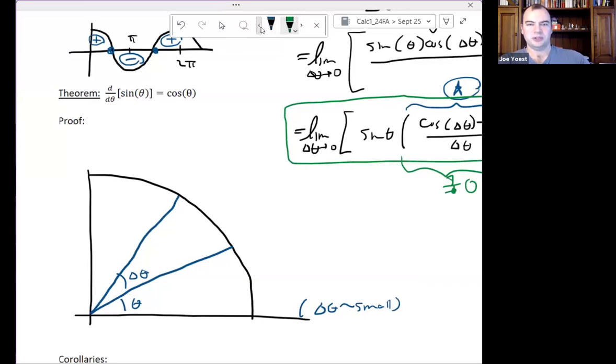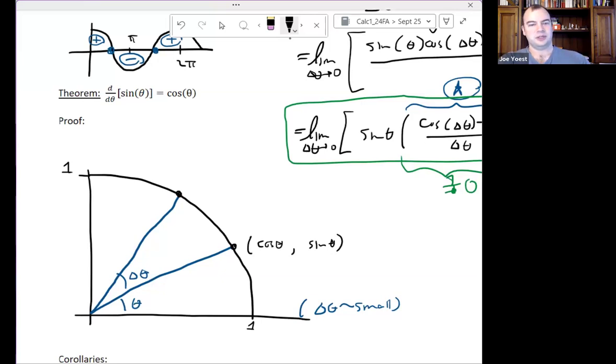So I have a couple points on this curve. Let me maybe draw them in black. This is the unit circle, so a circle of radius 1. This bottom right point has x coordinate cos theta and y coordinate sine theta.